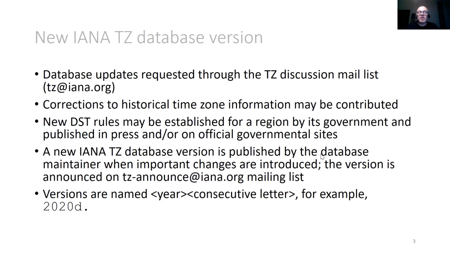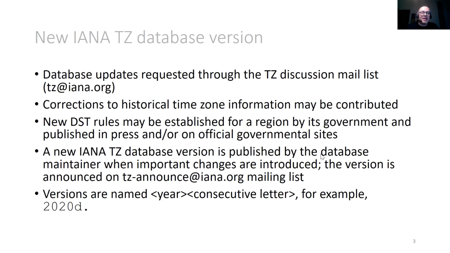So the first type of changes are corrections, because there was not enough information recorded for historical times, like in the 19th century or the beginning of the 20th century, for each of the regions, about what were actually the time offsets for the local time compared to UTC.